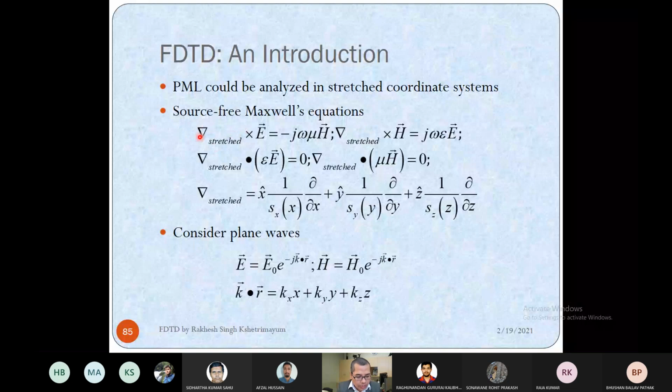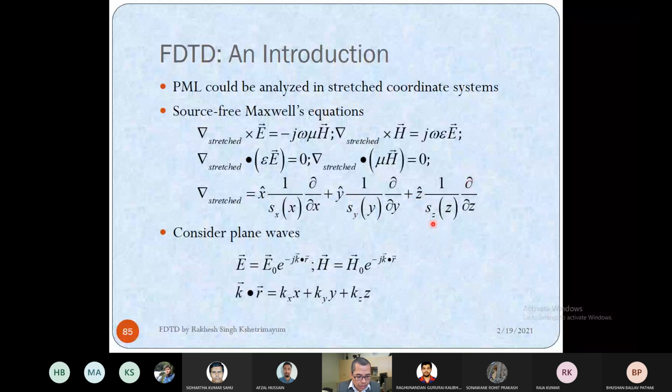What is the stretched coordinate system? You stretch the x-axis, y-axis, and z-axis. You can either increase it or shorten it, so you multiply by a scale factor to the x-axis, y-axis, and z-axis to get the scaled coordinate system. In the scaled coordinate system, your del operator, which I have written intentionally stretched, is: del stretched equals x hat 1 by sx del by del x plus y hat 1 by sy del by del y plus z hat 1 by sz del by del z.